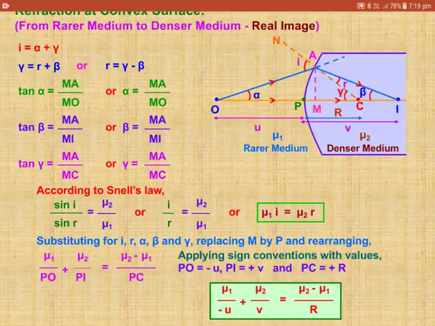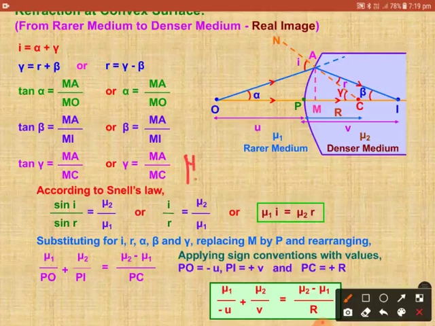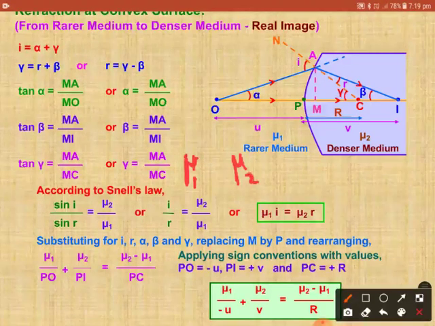I am telling you that the refraction is from mu1 to mu2. That means from rarer to what? Denser medium, having refractive index mu1 to mu2. Think of it in that way.